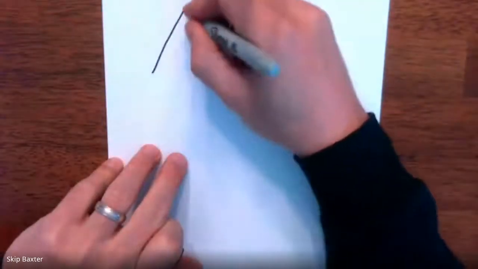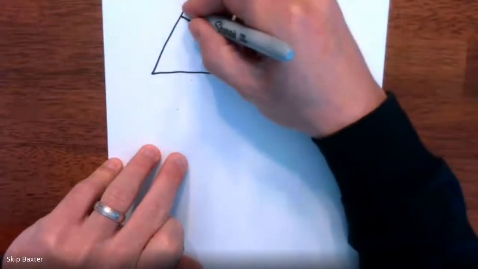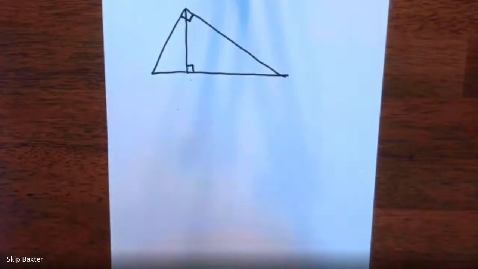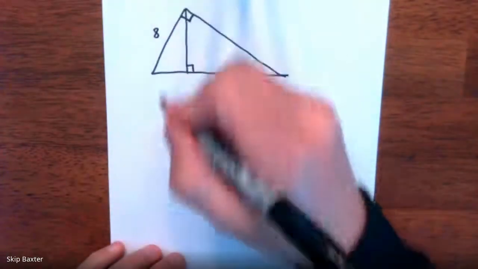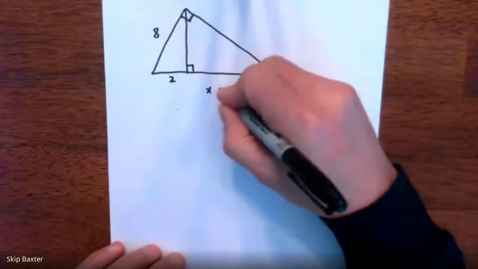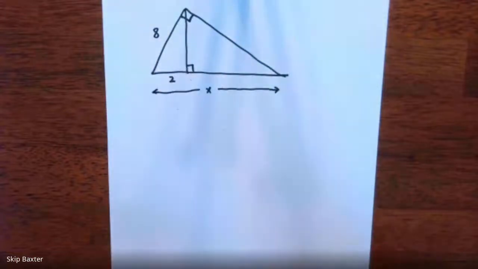Same picture, a right triangle with the altitude drawn to the hypotenuse like this. Okay, this time, let's say this is 8, and this is 2, and this is x. The whole hypotenuse is what we're trying to find. Okay, same type of problem.